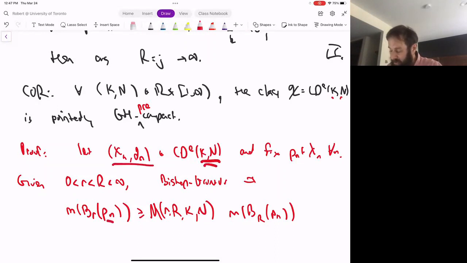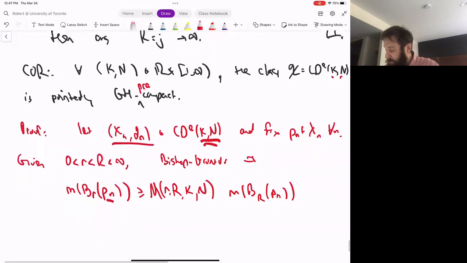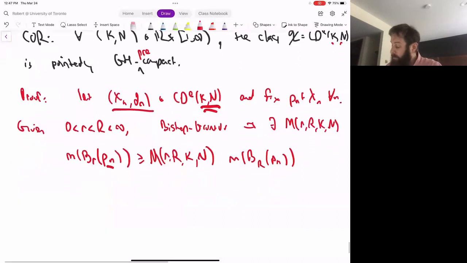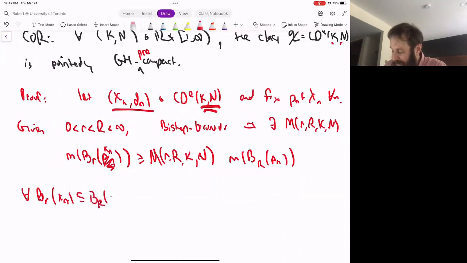It doesn't depend on the choice of point in the space. So there exists this constant capital M of R, K, and N. And that tells us that this is for all balls little r around any xn, provided it's contained in the ball of radius big R around Pn.